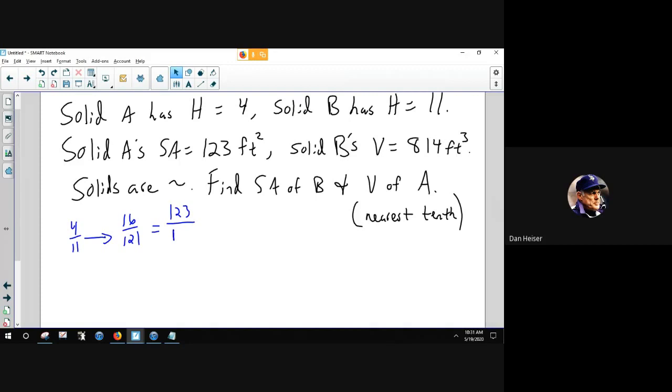B's surface area, don't know. And it does say to the nearest tenth. By now we know how to solve these, so you don't need me to show you the way there. Approximately 930.2 square feet.